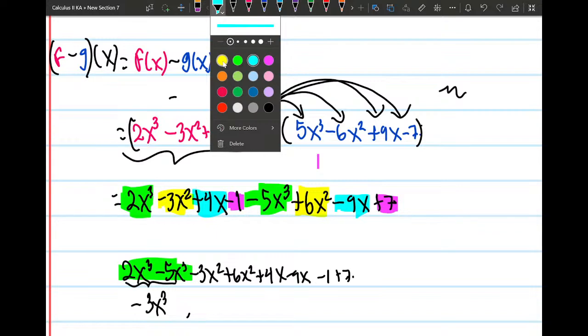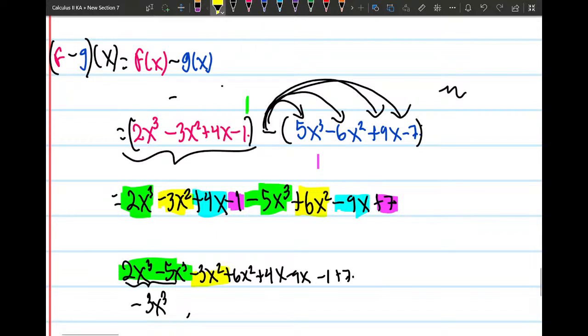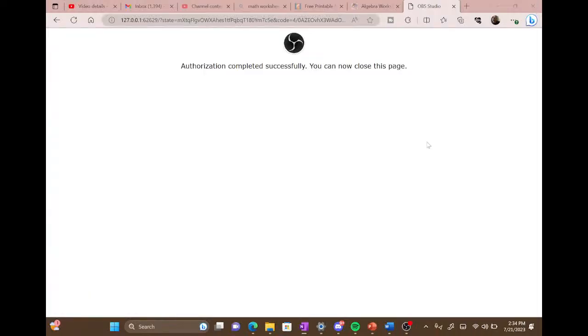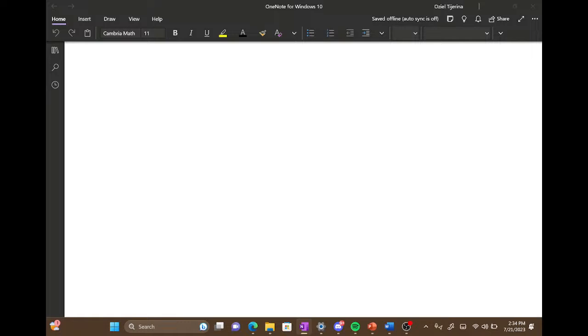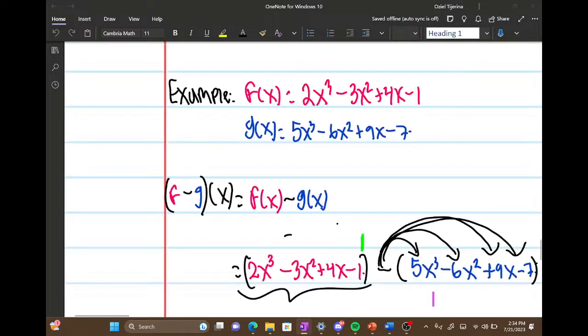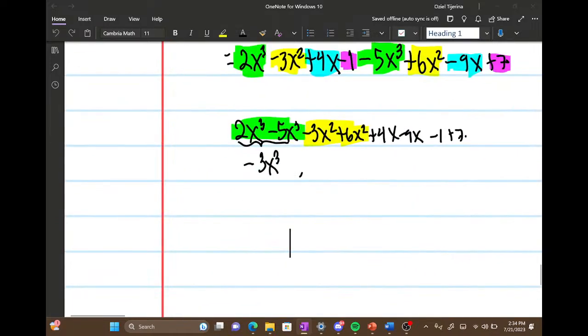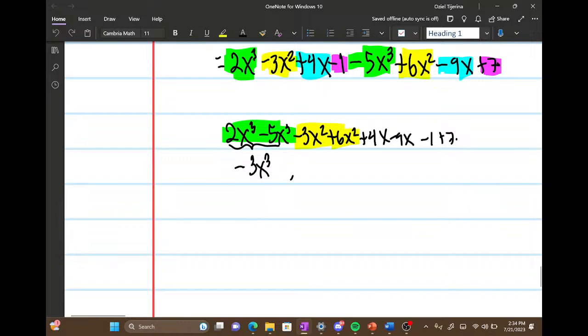So again, we would have the following: negative 3x squared plus 6x squared, and then, hopefully this will work now.